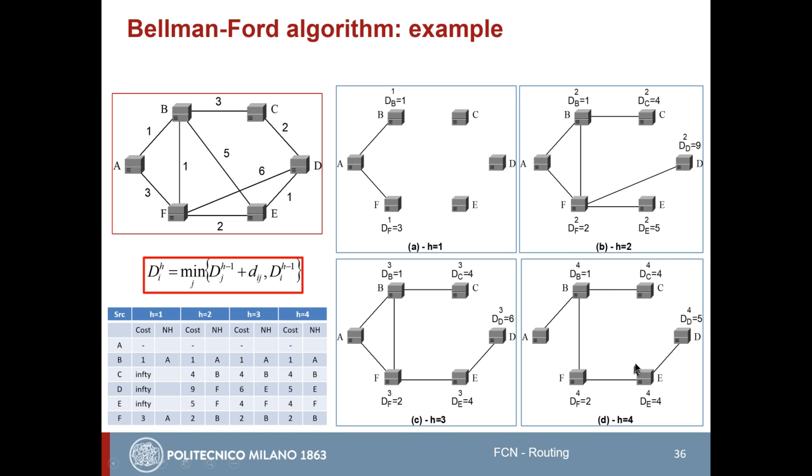And then when you have reached this step h equal to 4, you can test that if you go further and repeat other iterations, the situation will not change. So all the nodes will remain at the same distance and also with the same path.